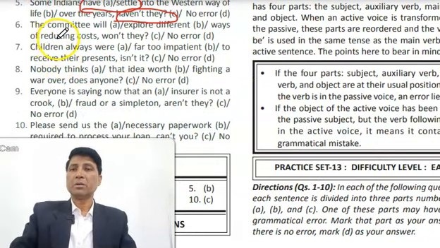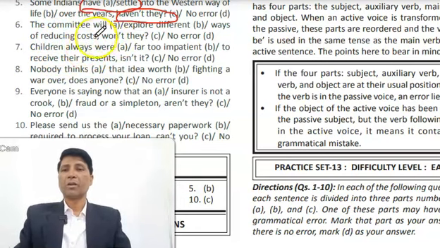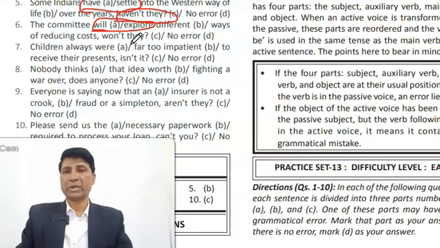It reads, the committee will explore different ways of reducing costs. Won't they? So first of all, find out the verb aspect, which you can see is in the simple future tense, and it is positive. According to this, the question tag should be in the simple future.